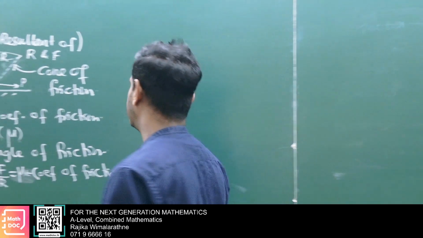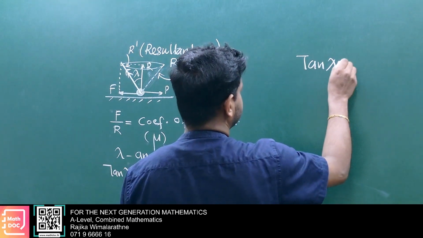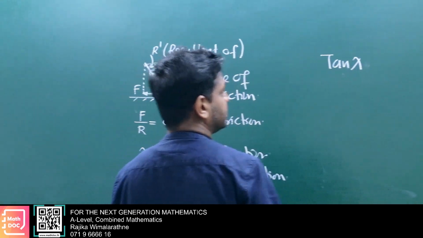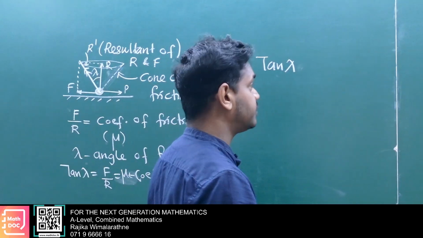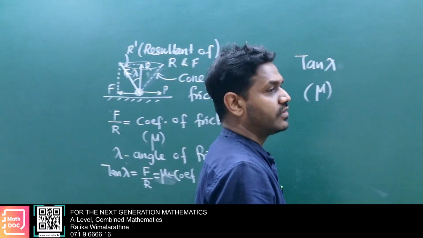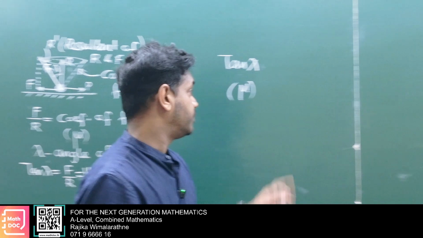Then tan lambda represents the coefficient of friction, within brackets mu.